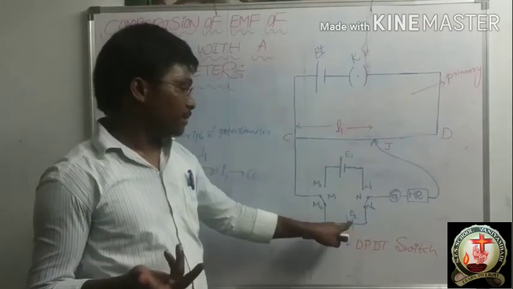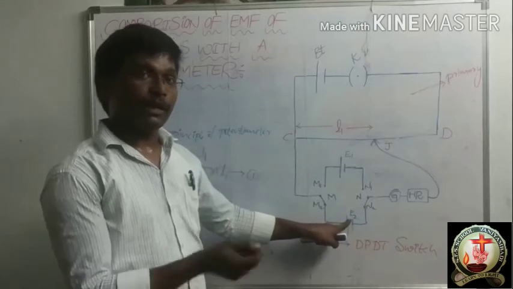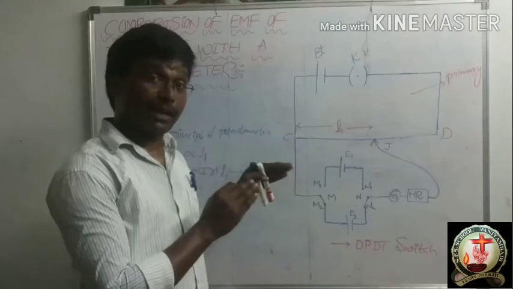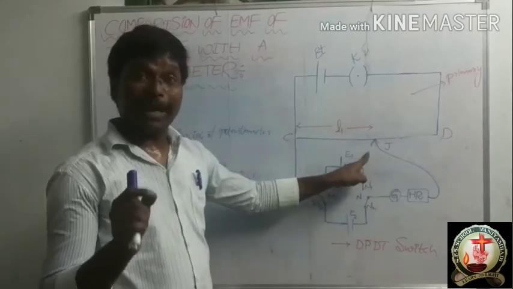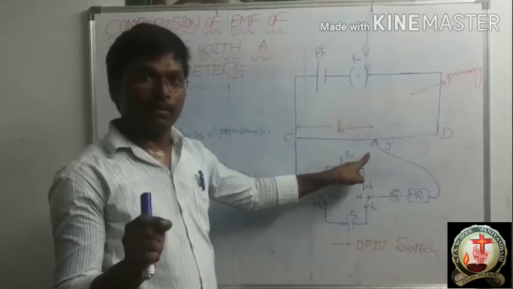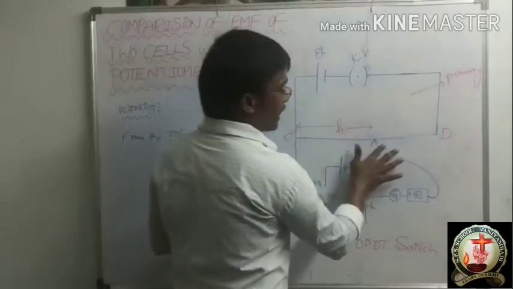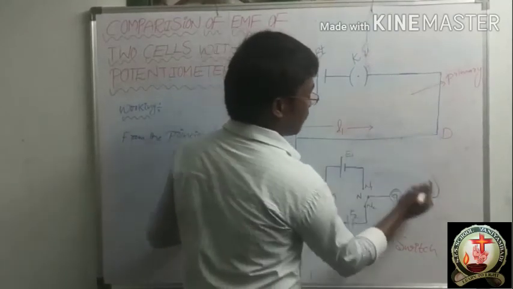This time E2 is connected in the secondary circuit, correct? Then I am going to find the balancing length. So this time the jockey shows the reading here itself.